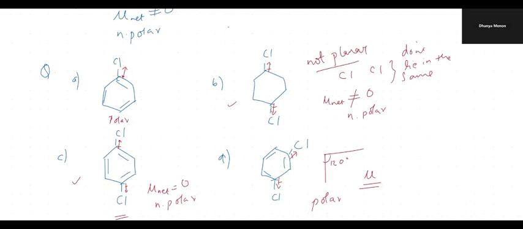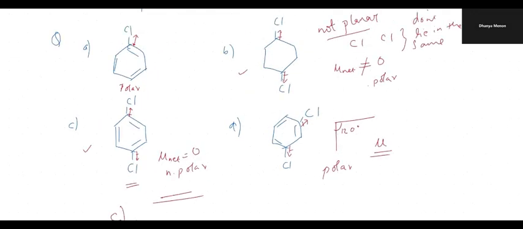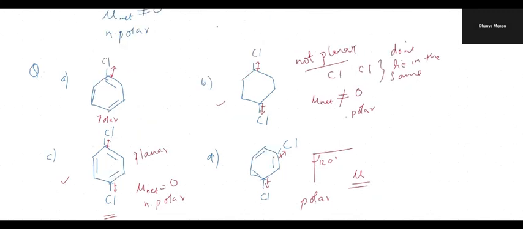So that's why this molecule is polar. Okay, so the only non-polar molecule here is the C answer, that is dichlorobenzene. What is the reason? Because in benzene, the two chlorine atoms cancel each other because benzene is planar. But in cyclohexane, this is not planar. So they don't cancel each other. So they are polar.